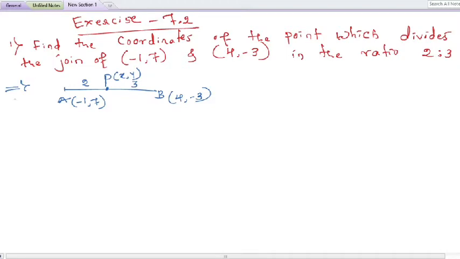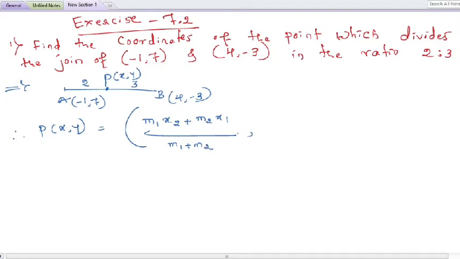We know the formula, therefore P of x, y is equal to, what is the formula? m1 x2 plus m2 x1 divided by m1 plus m2, comma m1 y2 plus m2 y1 divided by m1 plus m2.